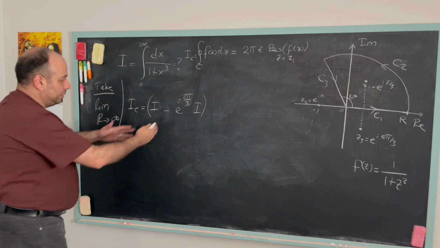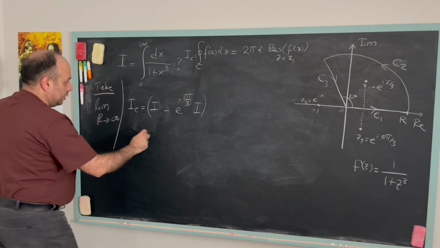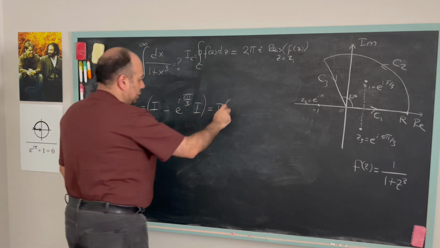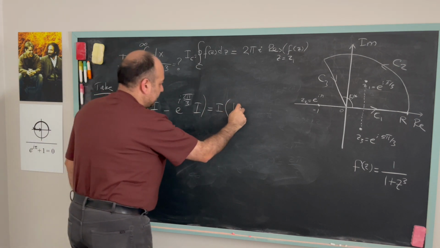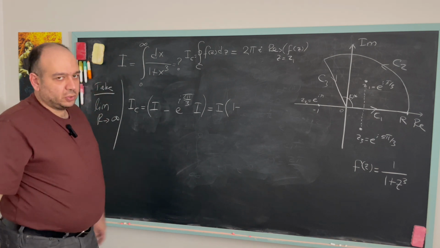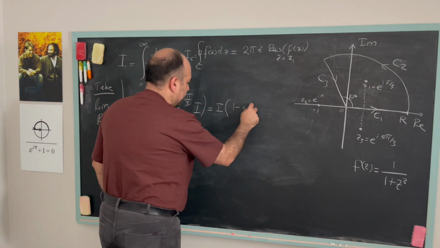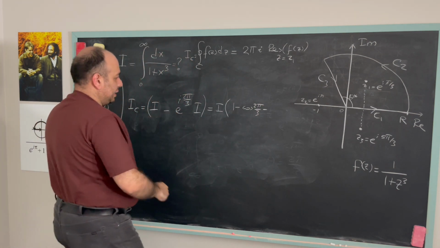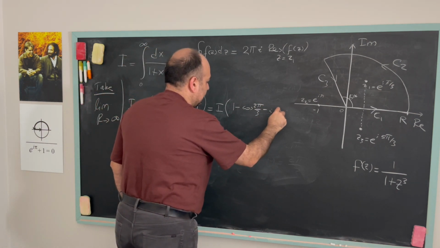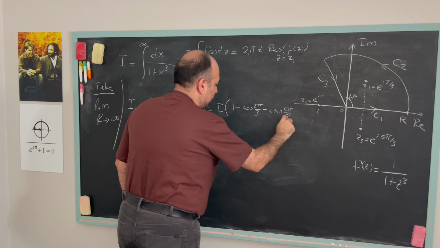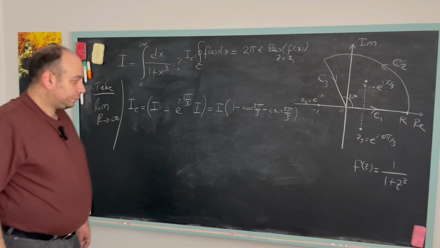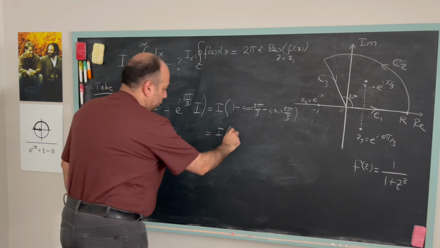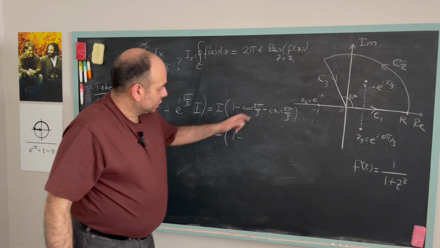Very good. Now we are ready to work this out a little bit. So this will be I, I can take I in parentheses. It's going to be 1 minus cosine 2 pi over 3, and we have another minus sign here, minus I sine 2 pi over 3. So this is equal to I times 1 minus cosine 2 pi over 3.